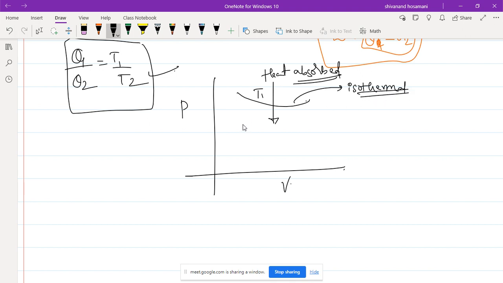Heat is absorbed, delta Q is non-zero. So it is an isothermal process.